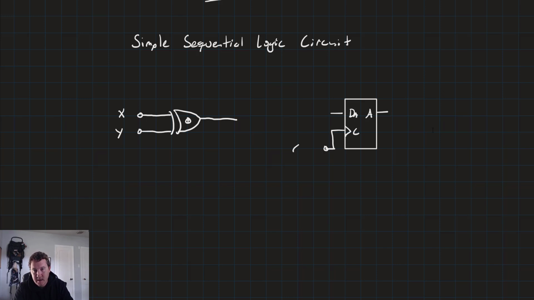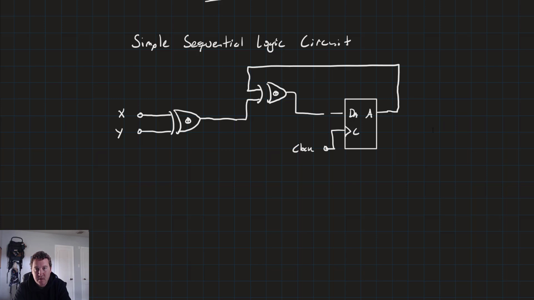Remember that C is connected to clock. Between this XOR gate and the flip-flop, let's add another XOR gate. Let's tie its input from the first XOR gate, and bring that input around. And we'll take A and tie it to the output Z.